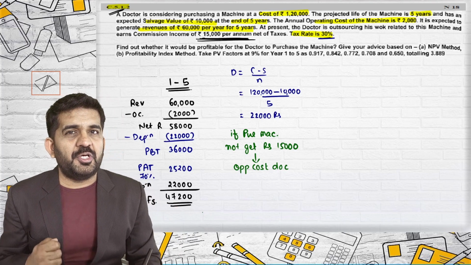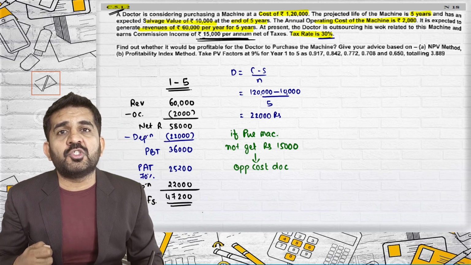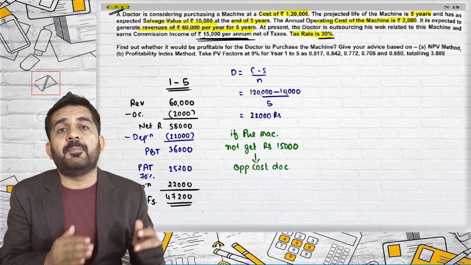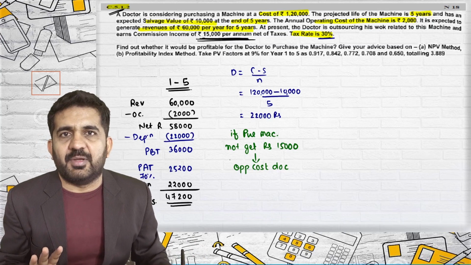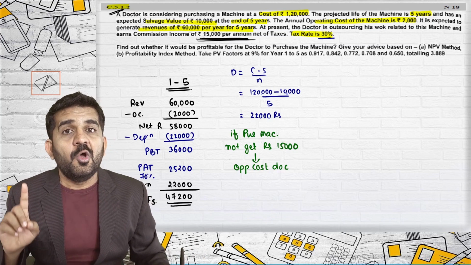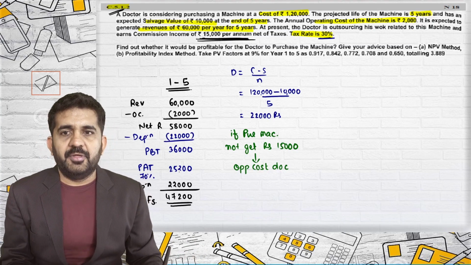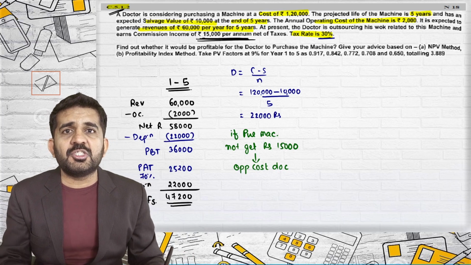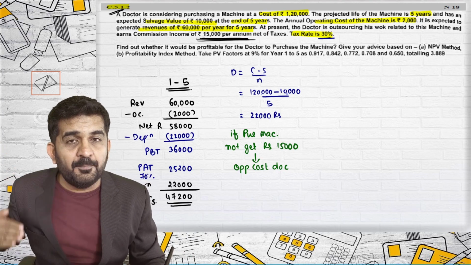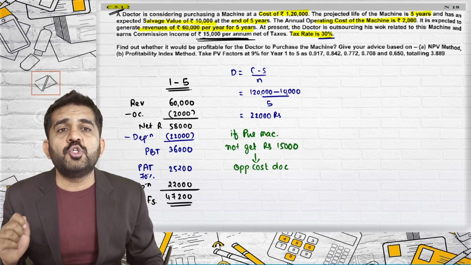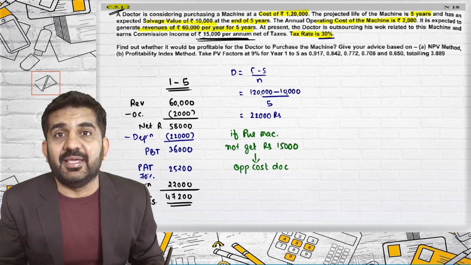We have understood opportunity cost in the form of interest. I have also told you that opportunity cost of interest is already covered in our present value. But this opportunity cost is not present in our present value. So if we discount the cash flow, only interest opportunity cost is covered. This type of opportunity cost is not covered. What do we say about opportunity cost? We have written it in our important points of finance: opportunity cost is relevant for decision making.